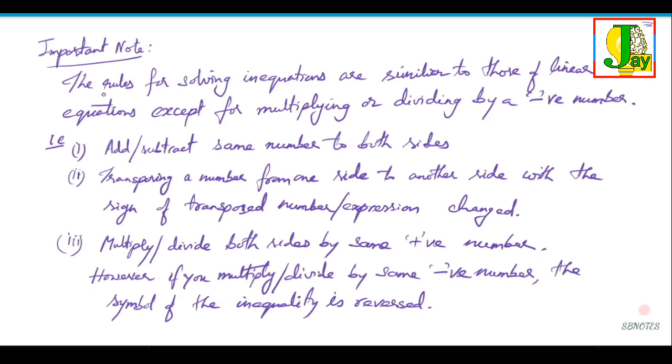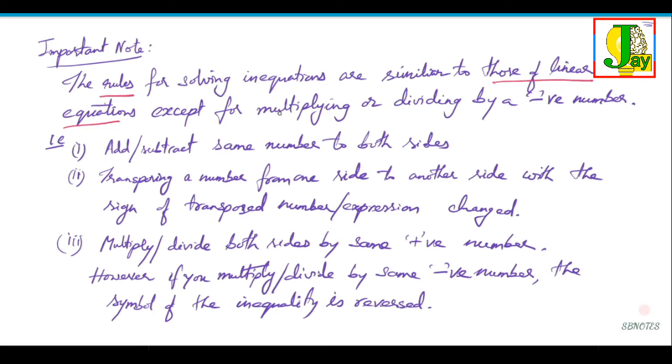Now here I have written the rules for solving inequations. Nothing new here, except one point. It is the same thing you have done in linear equations; those same rules apply here, except one.